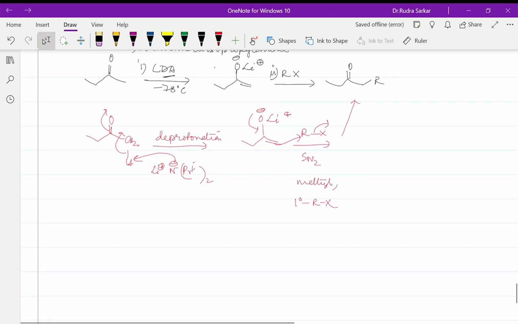Now, why one has used either a methyl or a 1-degree alkyl halide over here instead of 2-degree or 3-degree?